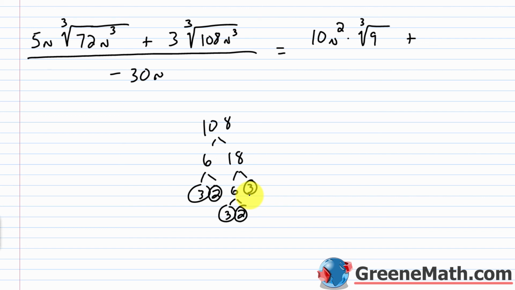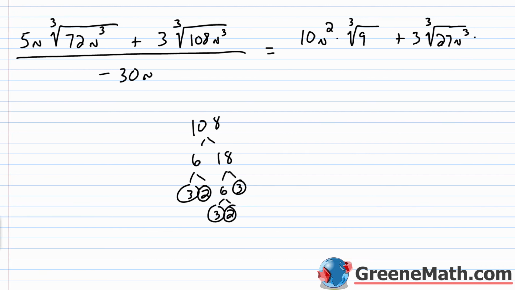So we can say this is 3 times the cube root of 27n cubed times the cube root of 4. Now again, this part right here can be simplified. The cube root of 27n cubed is going to be 3n. So 3n multiplied by this 3 that's already here would give us 9n. So this would be 9n multiplied by the cube root of 4.